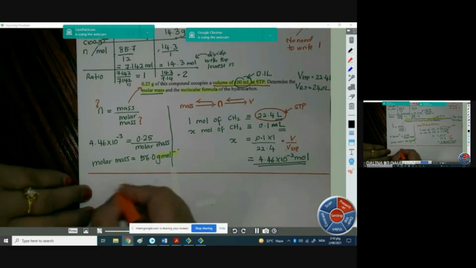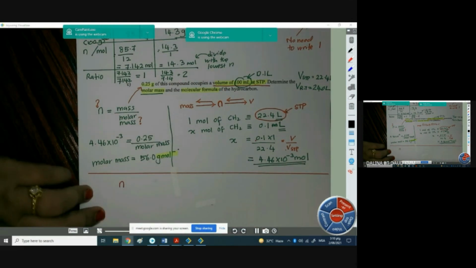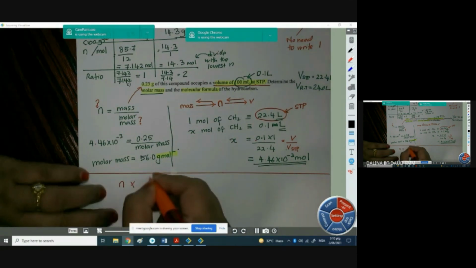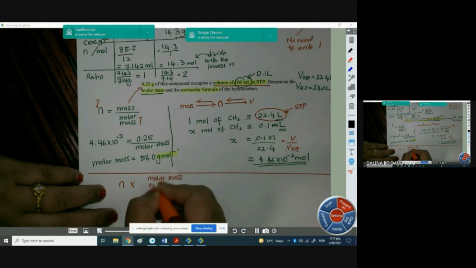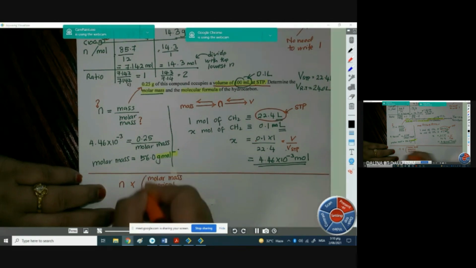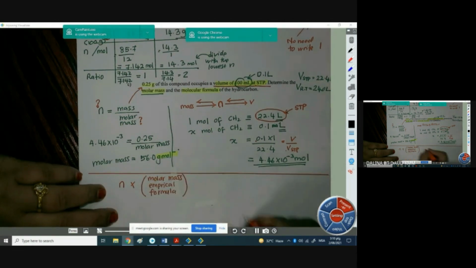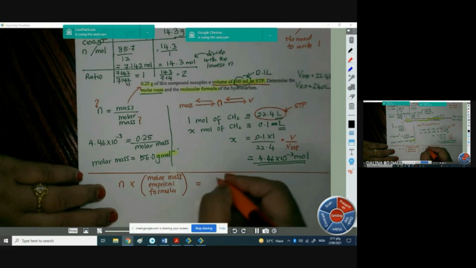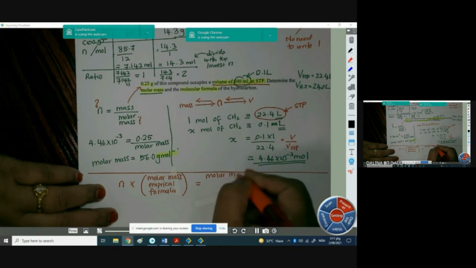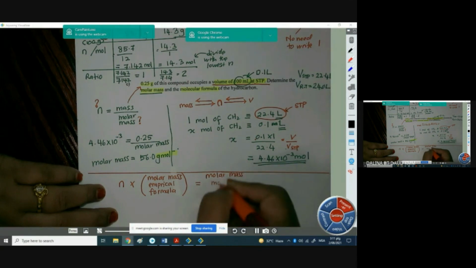Okay, rumus dia ialah N times with the molar mass of empirical formula, is equal to the molar mass of molecular formula.